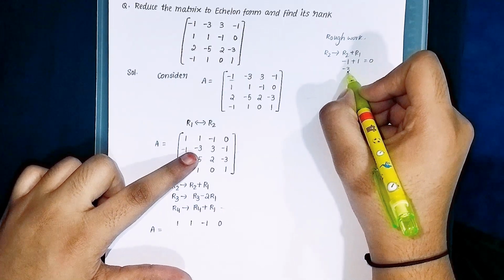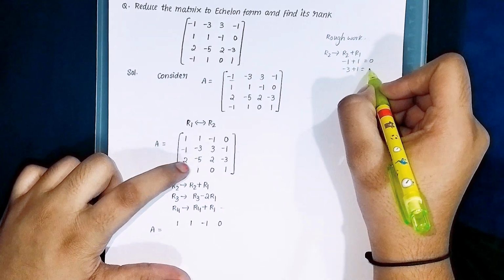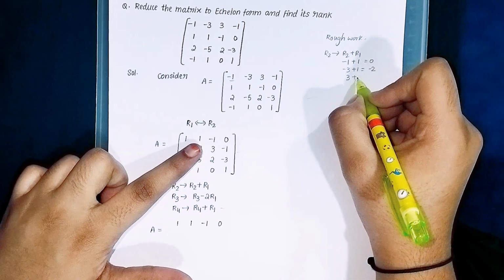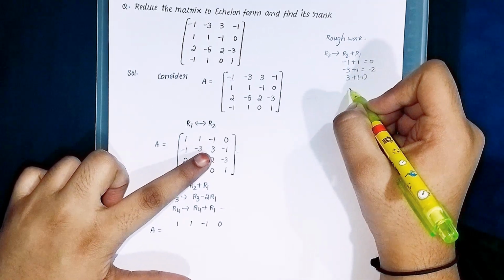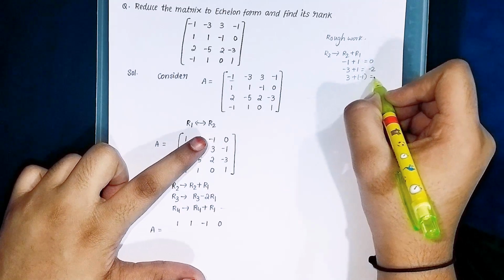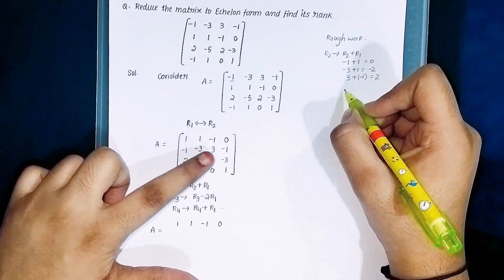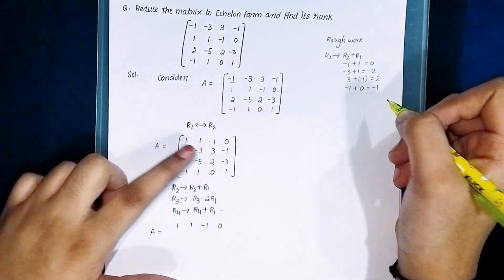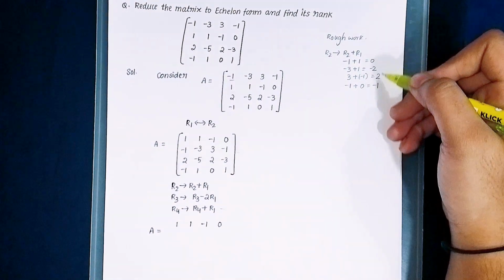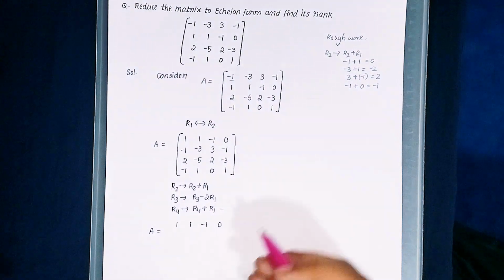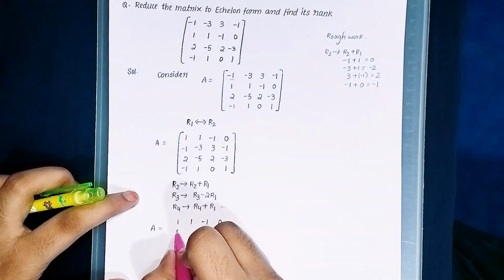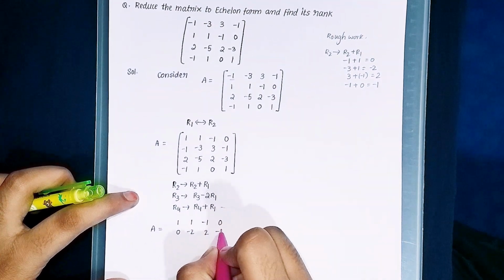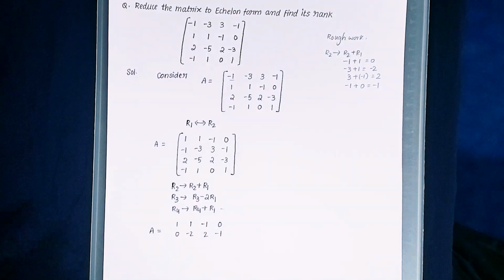Next minus 3 plus 1, we'll be getting minus 2, and then 3 plus minus 1, which is nothing but 3 minus 1, and that becomes 2. Next minus 1 plus 0, it's nothing but minus 1. So write the numbers which you have got. In this way you don't get confused while solving. So it's better to write the rough work beside wherever you want to do. This is the way you need to do.